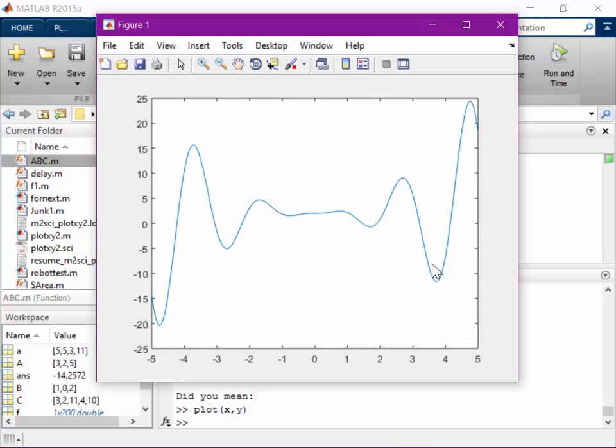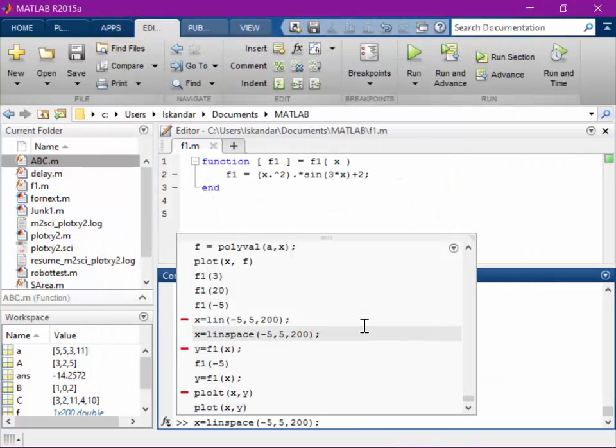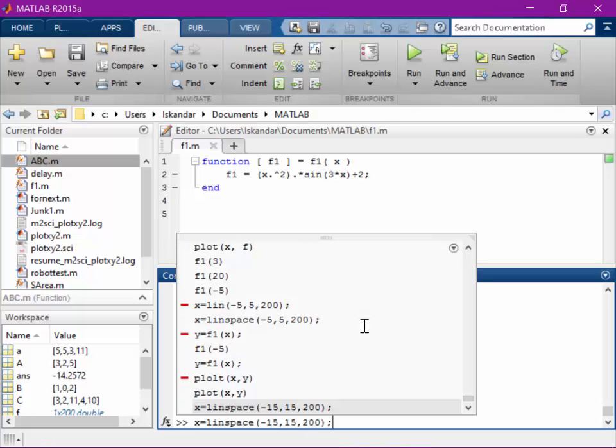So again, that there, and we can go through in here, we can exchange our range for minus 15 and plus 15. Right there.